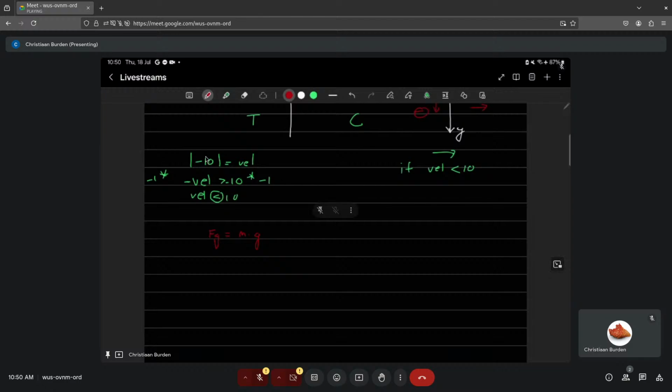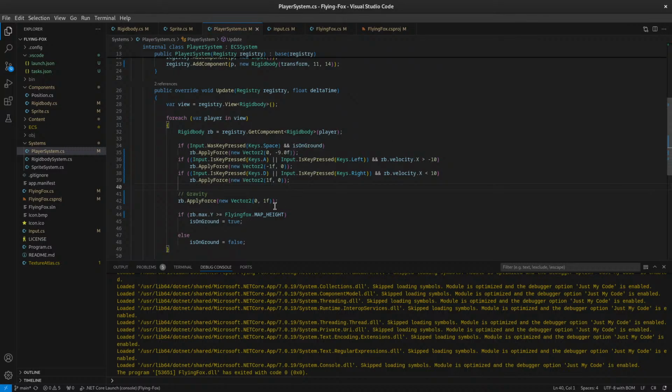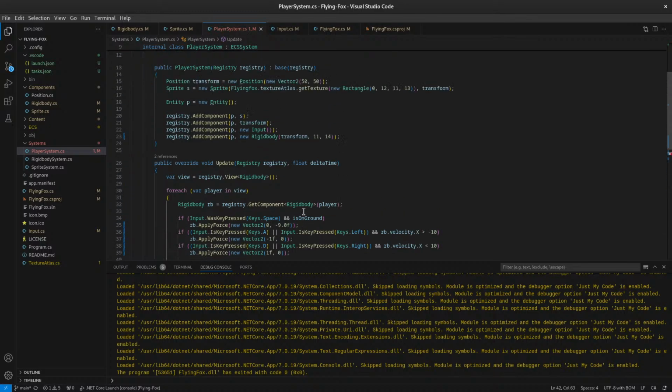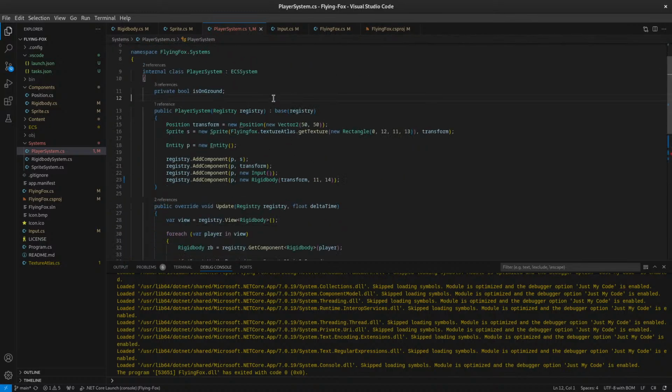So we'll fix this so we can add actual mass to our guy by saying RB dot mass times gravity. We'll just make this a global variable. This is some nice cleanup we can do.